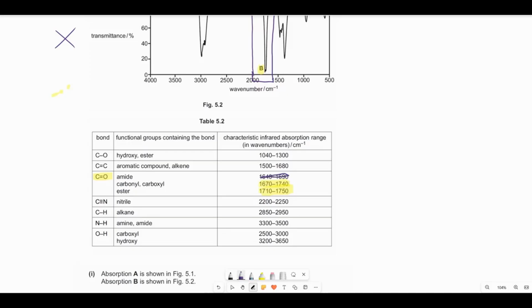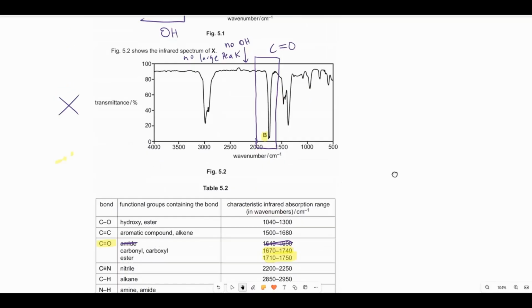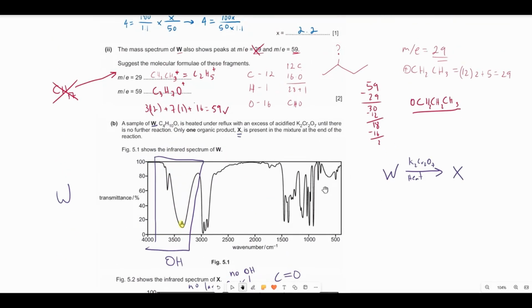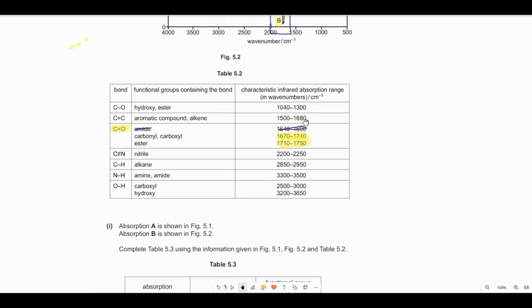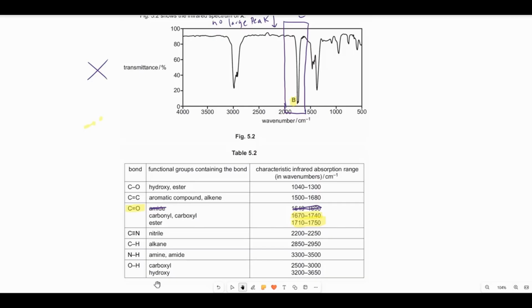No, we don't care about this. Why? This is for an amide. Amides have nitrogen, and if we go up, remember, we're still talking about our original W here. W did not have nitrogen in it, C4H10O. So we can ignore that amide because there is no nitrogen.